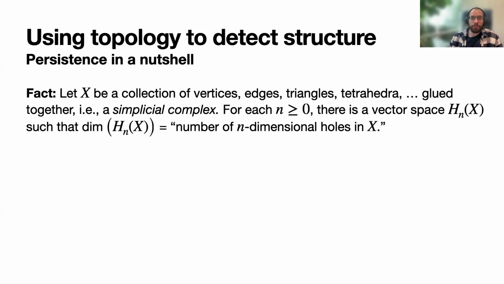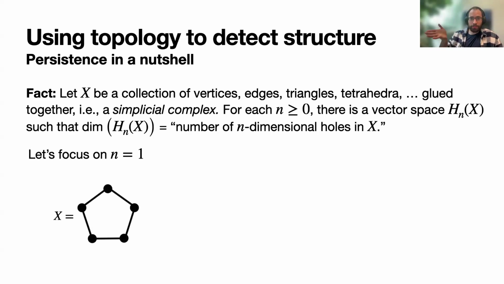It has the property that the dimension of this vector space counts the number of holes in our space. In particular, the nth dimensional homology counts the number of nth dimensional holes in this construction. For now, and really for the rest of the talk, we're just going to focus on n equals 1. So we're going to be looking at circular features in data.